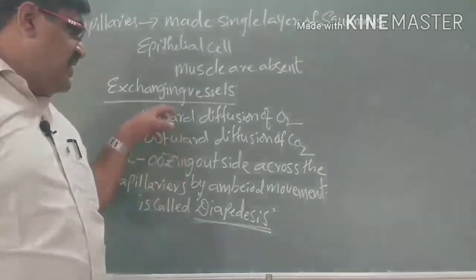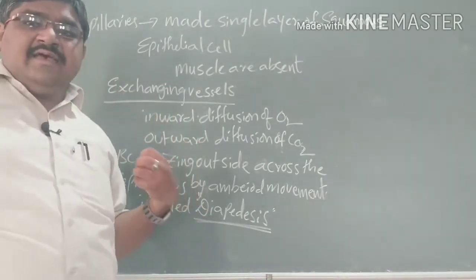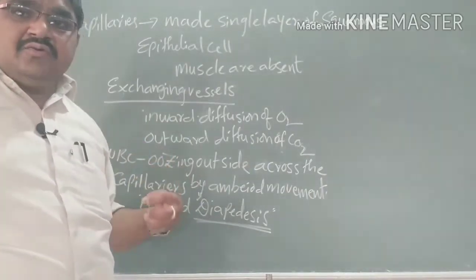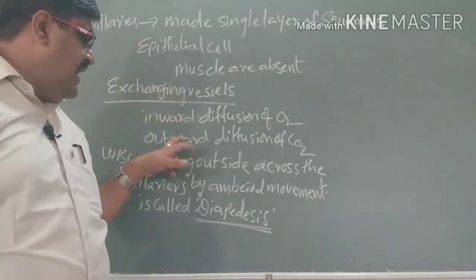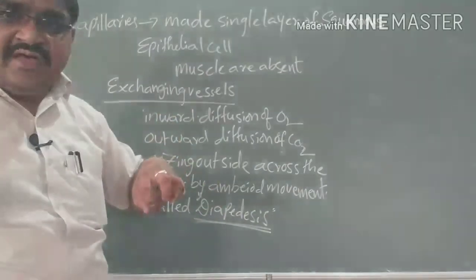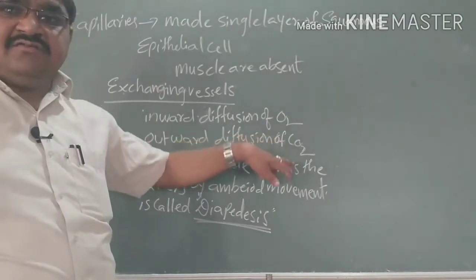Not only that, the inward taking of oxygen by the capillaries, that is diffusing into the tissues, takes place only in the presence of capillaries. And outward, that means the carbon dioxide present in the tissues enters into the capillaries by outward diffusion.